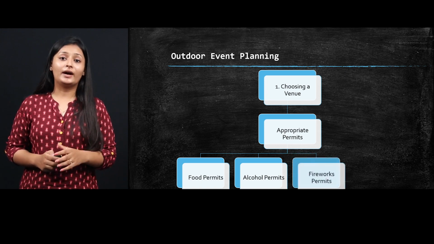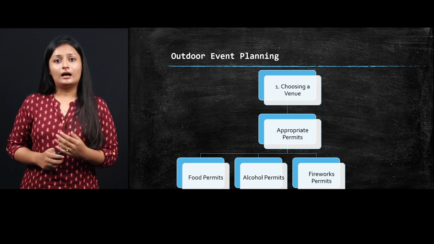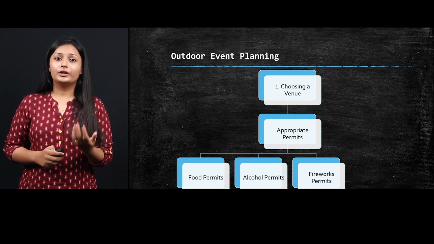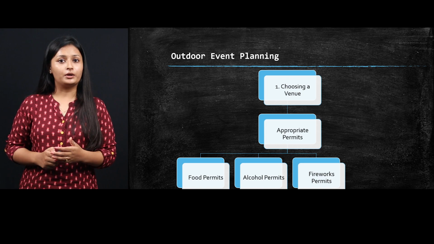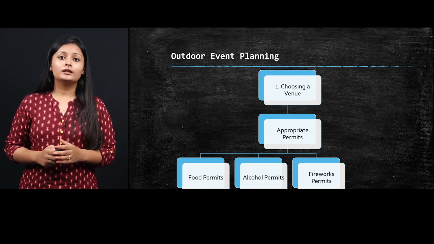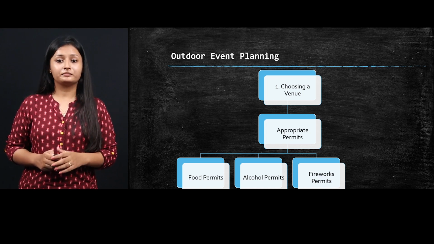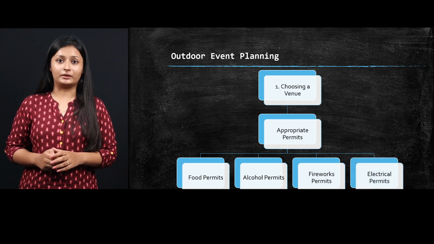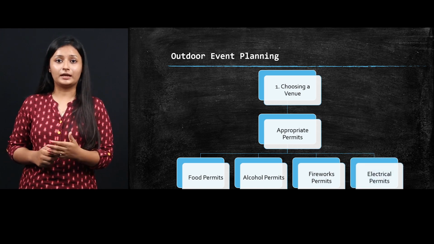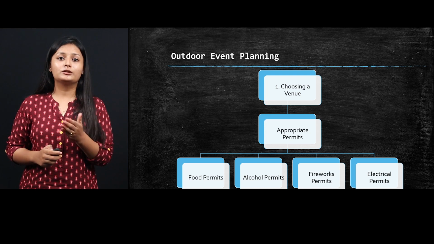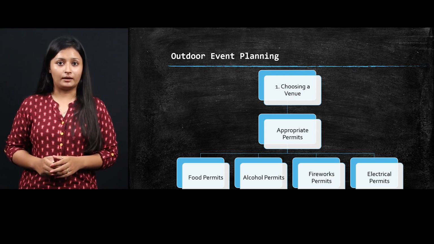The next is the fireworks permit: if you are using any flames, fireworks or laser shows, you need to take the permits accordingly. And the last one is electrical permits: if generators or any special lighting are involved, you need to take electrical permits as well.